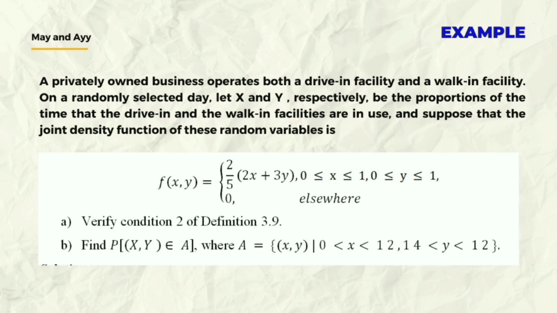The first question is to verify condition 2 of definition 3.9, and the second is to find the probability of (x, y) an element of A, where A is {(x, y): 0 < x < 1/2, 1/4 < y < 1/2}.